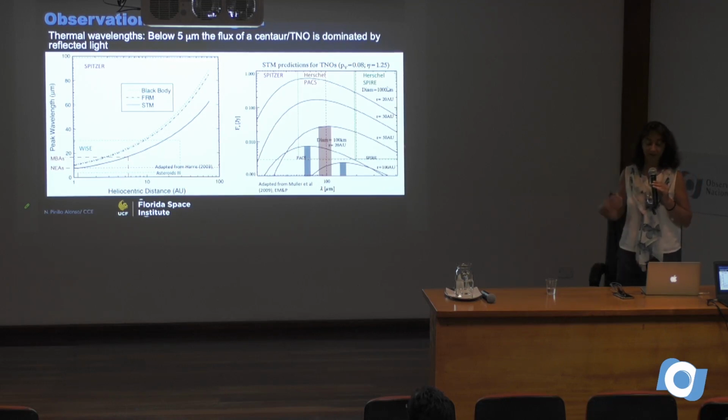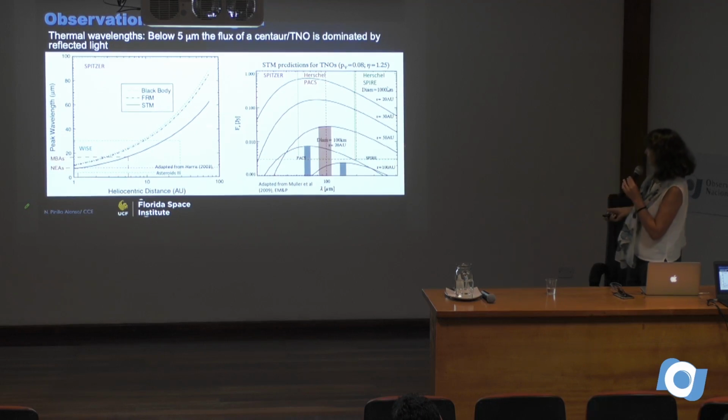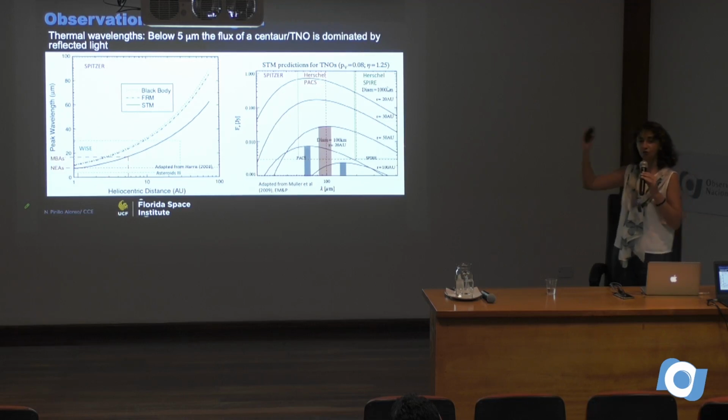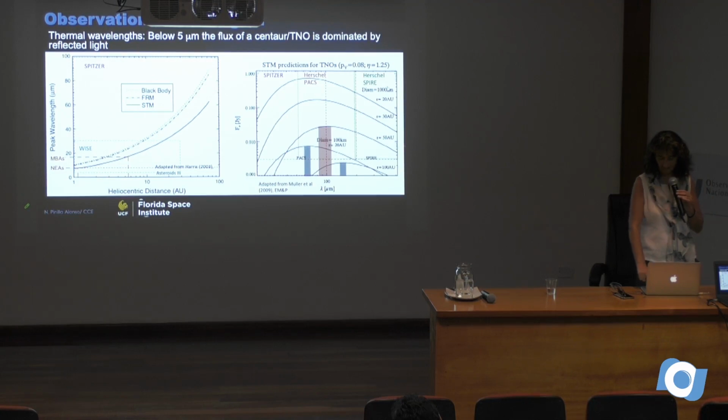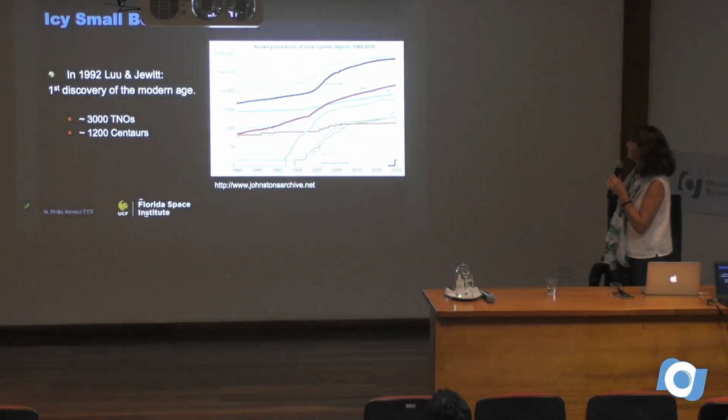And it requires a very good thermal camera to be able to take the full thermal emission and, using the information in the visible, be able to correct and extract this information about the thermal emission and behavior.